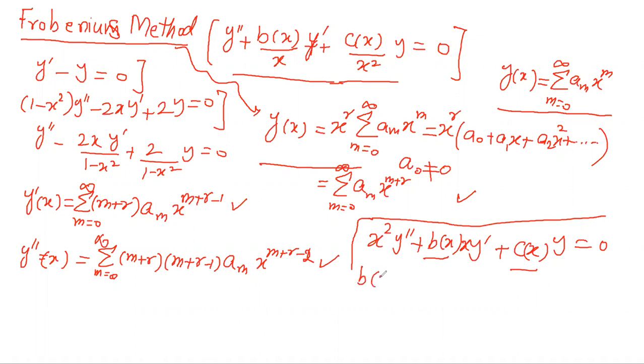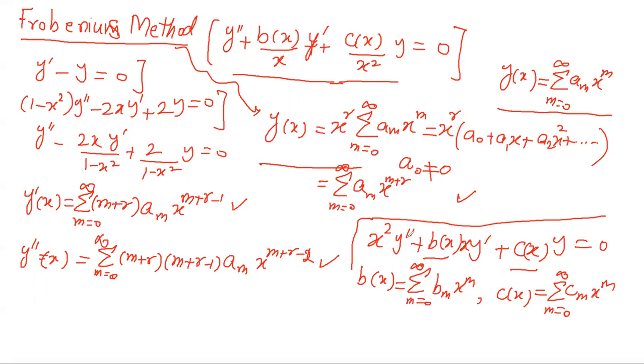For example, for b of x we can represent it as the sum from m equals 0 to infinity of b_m x to the power m, and for c of x we can represent it by its power series, the sum from m equals 0 to infinity of c_m x to the power m.